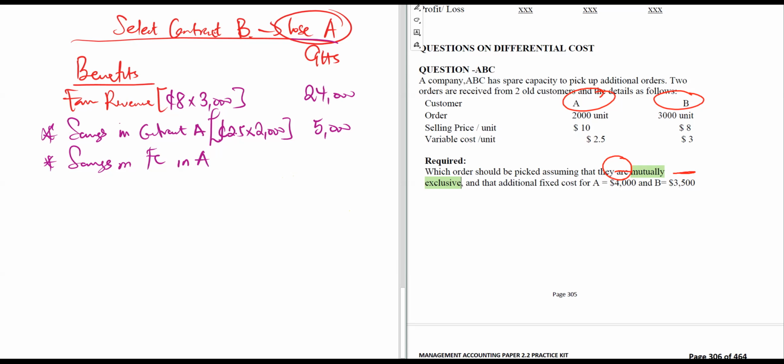So savings in the fixed cost in A, fixed cost would have been 4,000 in A, but since I didn't take A, it means that those fixed costs have been saved. So this becomes like the total benefits if I decide to choose B, and that will be how much? 33,000 also. Okay. So let's look at the costs.